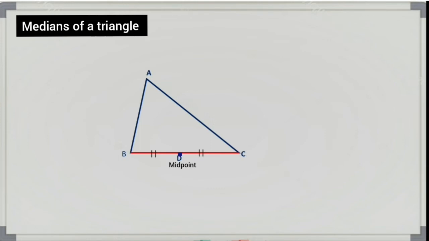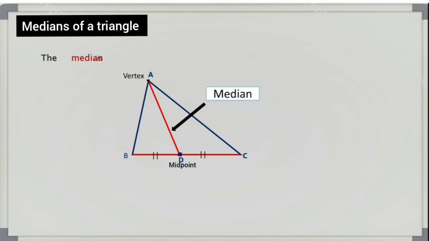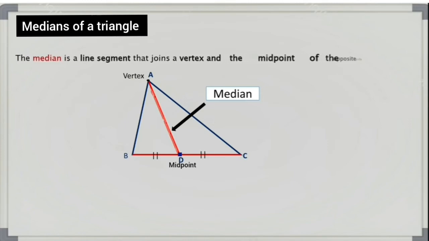A segment drawn from a vertex to the midpoint of its opposite side is called a median. So, segment AD is one of the medians of the triangle ABC. The median is a line segment that joins a vertex and the midpoint of the opposite side of a triangle.